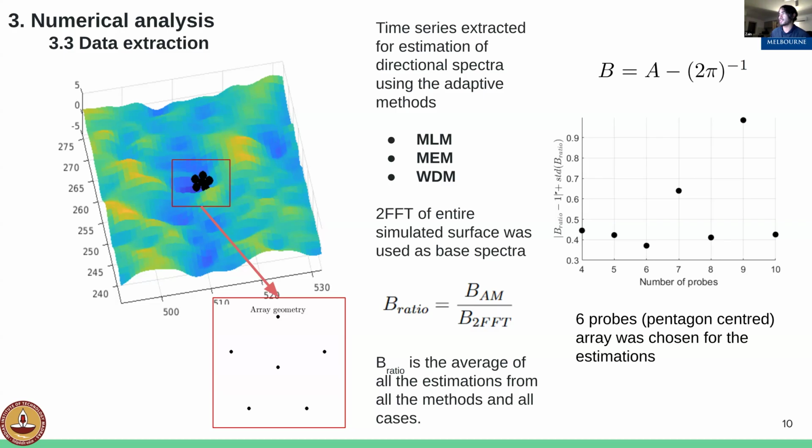What we want is for this value to be as close to 0 as possible, meaning that the accuracy of all the methods is more aligned. We found that the 6-way prof was the best performing array for all of them, and this is the one that we chose for the analysis.